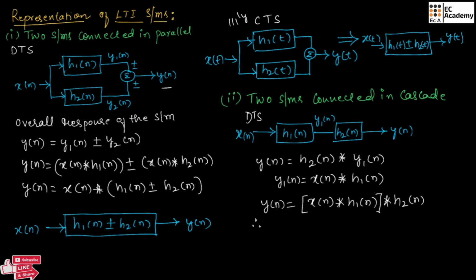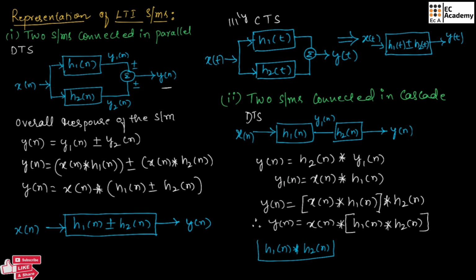Therefore, we can write the above expression as x of n convolved with h1 of n convolved with h2 of n, and we can group this h1 of n and h2 of n. Now, from this we can write the above system as h1 of n convolved with h2 of n.